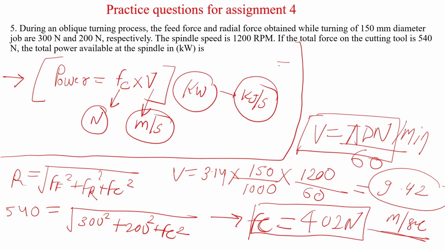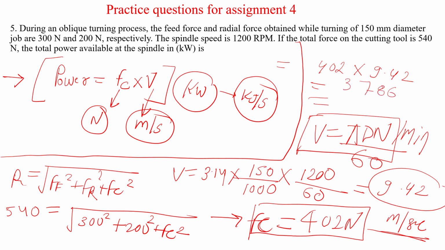So power equal to what? Fc into V. Fc we have got 402 and this is 9.42. Just solve this, 402 into 9.42. How much we get? 3786.